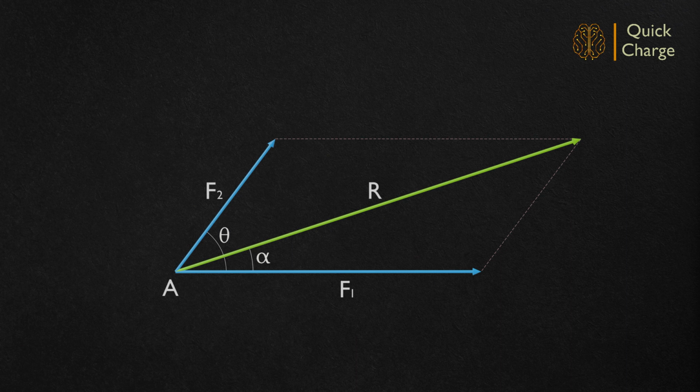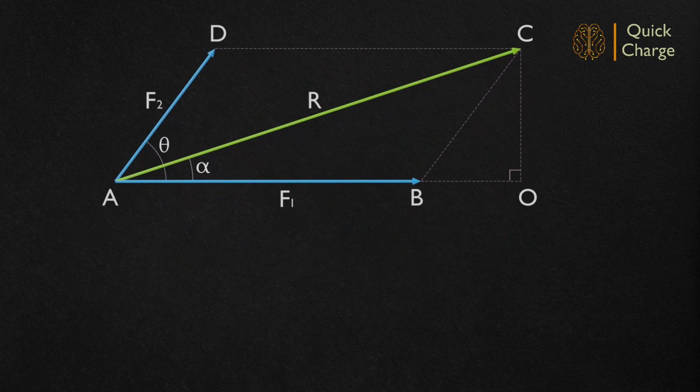Name the parallelogram A, B, C, D. Drop the perpendicular from C and extend AB to meet at O. Consider triangle AOC. As per Pythagoras theorem, AC is the square root of AO square plus OC square. We can see that AO is AB plus BO. AC is the resultant R for which the magnitude and direction need to be established.